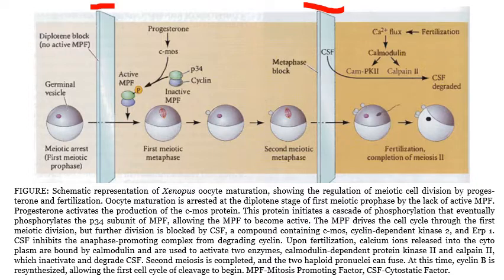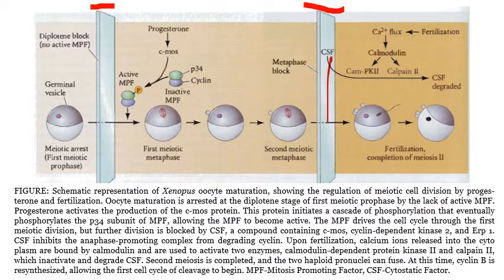Now the egg enters into second meiotic metaphase, and it is again arrested here. Now you can see this block here, and this block will be crossed only if CSF, cytostatic factor, is degraded, because CSF is blocking the egg from crossing this barrier, and so the egg remains in second meiotic metaphase. And how is this CSF degraded?